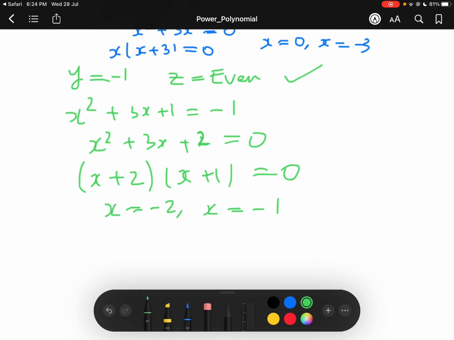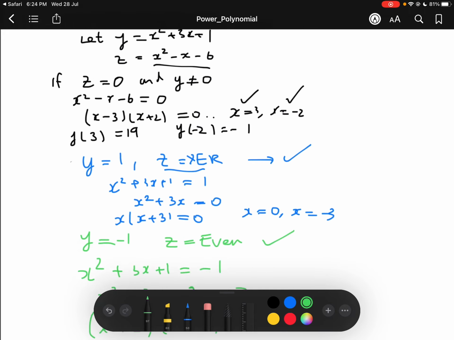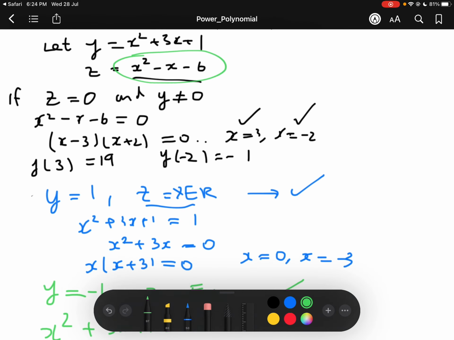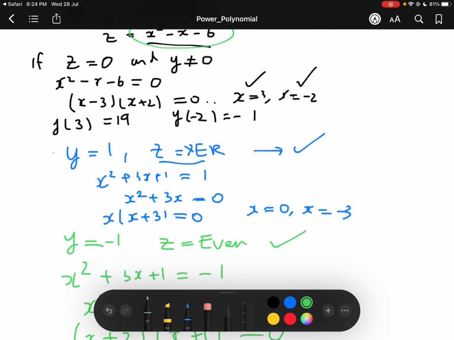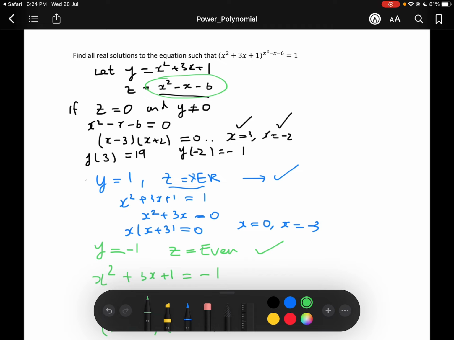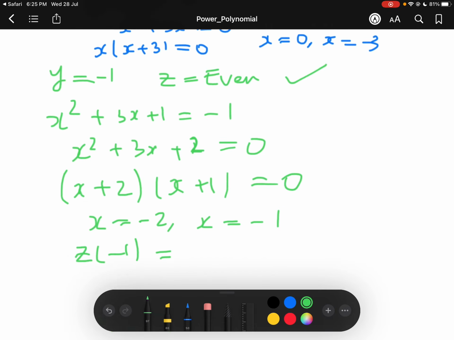So if we plug −1 into our equation for z, which once again is x² − x − 6, z of −1 should give us −4. And 4 is an even number, so this is a valid solution.